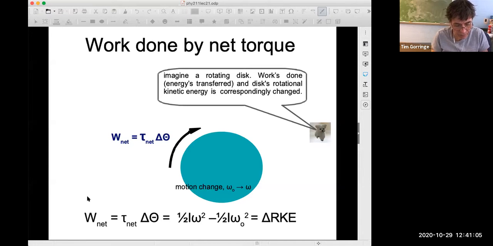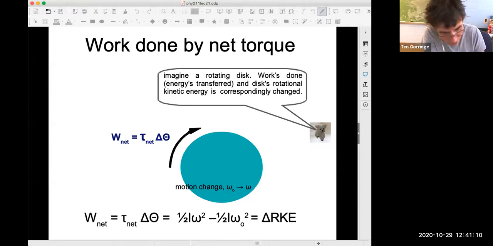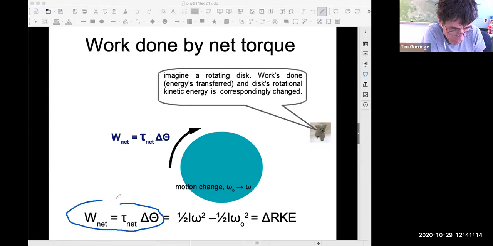Here it is. If you look at this equation, on the left-hand side you see the net torque that's exerted on the rigid body. That transfers energy to the rigid body, does work on the rigid body. W is the work done on the rigid body.